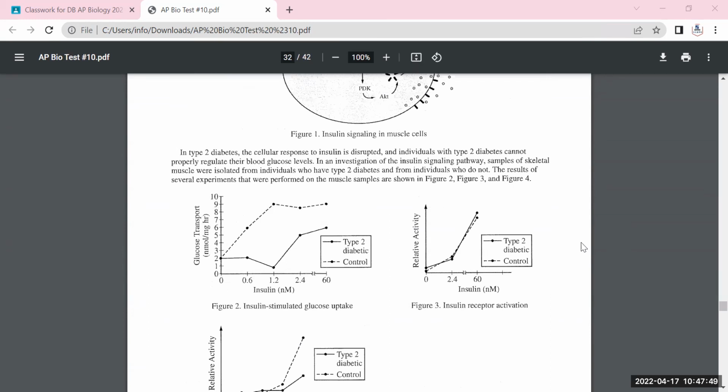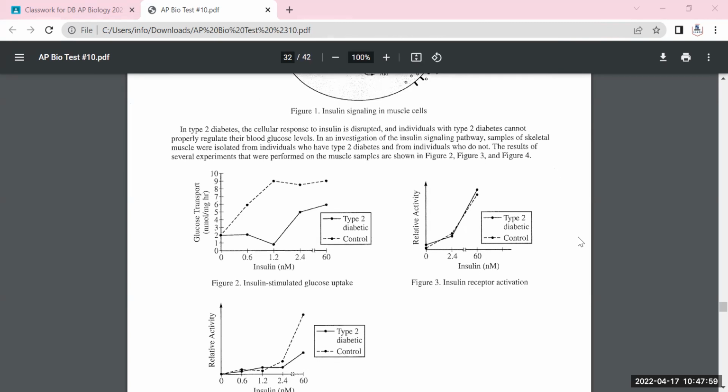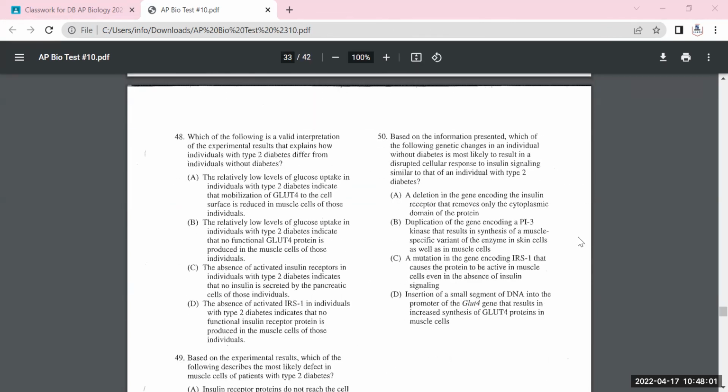Basically, what can you do to induce something that will... Let's see. Perhaps A. Deletion in the gene encoding the insulin receptor that removes only the cytoplasmic domain of the protein.